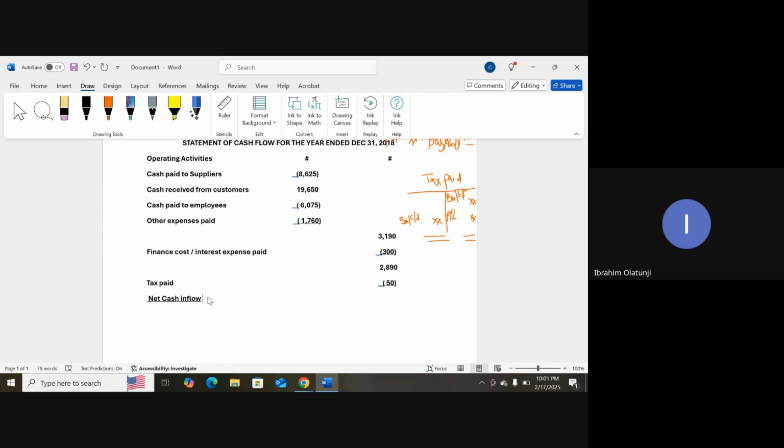Net cash inflow from operating activities. But let's assume it's a negative, I will say net cash outflow. So what do you have? 2,840.